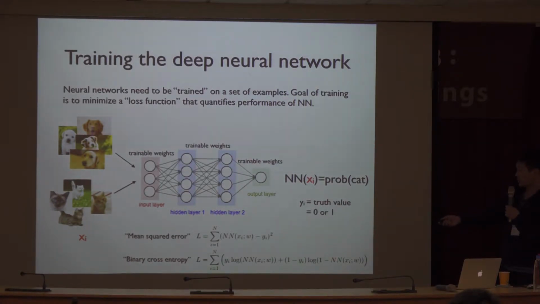So I can train a classifier based on how close my probability is to the truth. Minimize this loss function. It could be a mean squared error, or something more fancy called binary cross entropy. But anyway, it's some function which, if this L were 0, would mean you have a perfect classifier. And the smaller it is, the better you do.